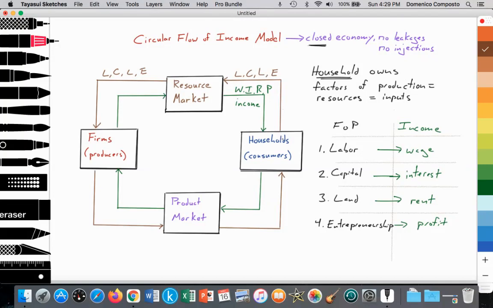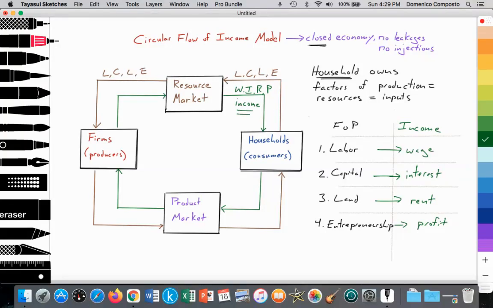From the household's perspective, they may feel that they're getting the highest income that they can get from the offering of those resources. But from the firm's perspective, they feel as if they're getting it at the lowest cost possible. But because of the asymmetries of information between the households and firms, they're not aware of that information. So I'll explain that when I go into the paper one analysis of this.